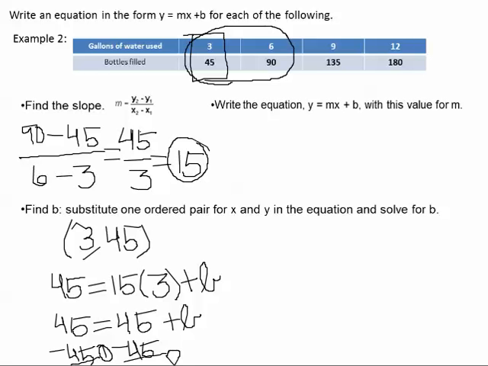And I find that my b equals 0. So my final equation is going to be y equals 15x.